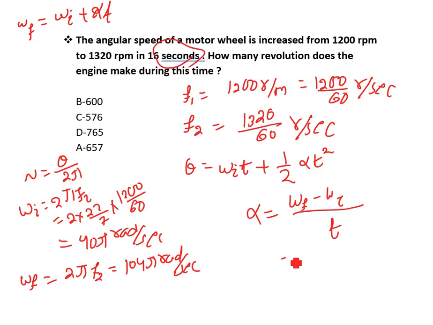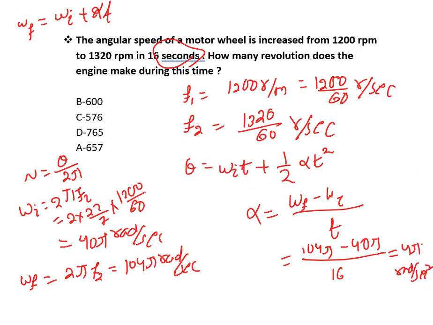So 104 pi minus 40 pi divided by 16. If I calculate, this will become 64 by 16, which is 4 pi radian per second square.